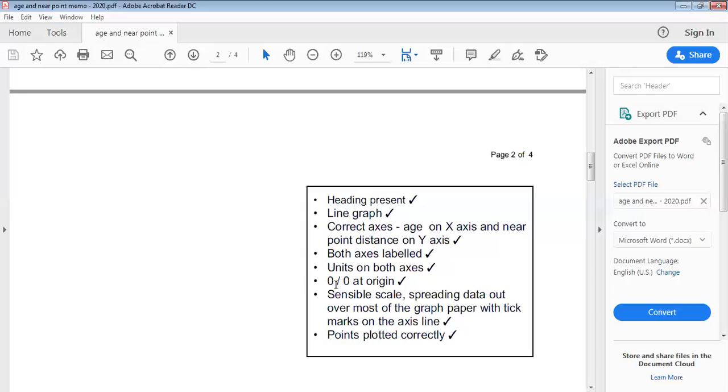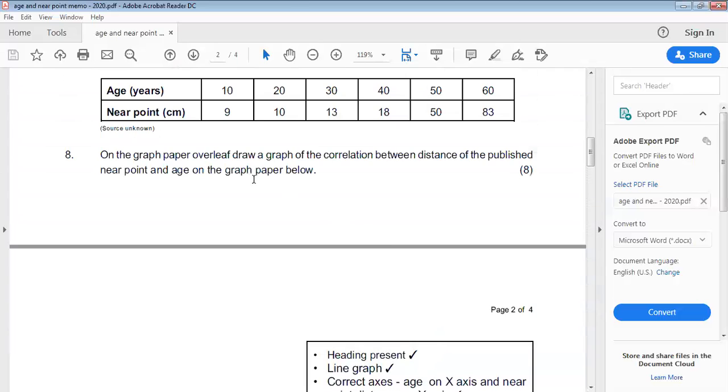In life sciences, you always start with 0, 0 at the origin. But remember, you do not start your line at the origin. You do not know that at 0 years, near point is 0. Okay, there's no indication of that.